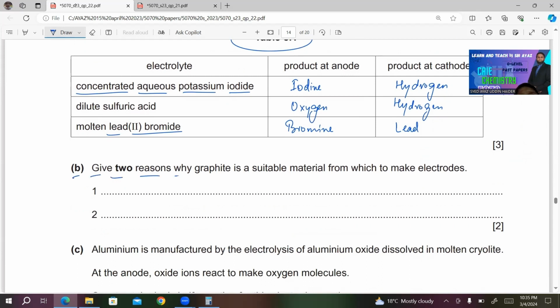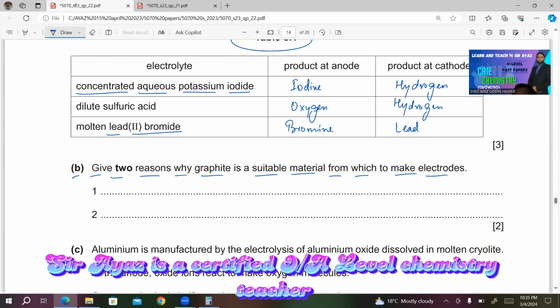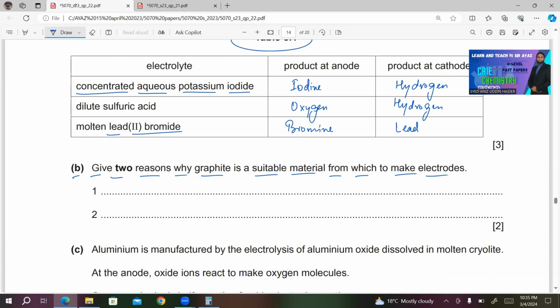B. Give two reasons why graphite is a suitable material from which to make electrodes. It's very easy. It's inert or unreactive, has a high melting point and conducts electricity. You can write any two of these.